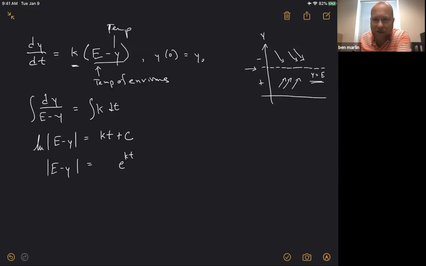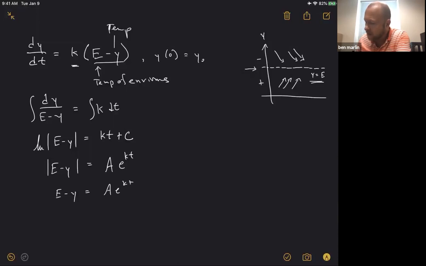And I don't want to use another k sitting out front, so I'm going to use, I guess, an a here temporarily. And we could, at this point, actually drop the absolute values with the understanding that we will need to have the sign of a match whatever the sign of e minus y is, okay?